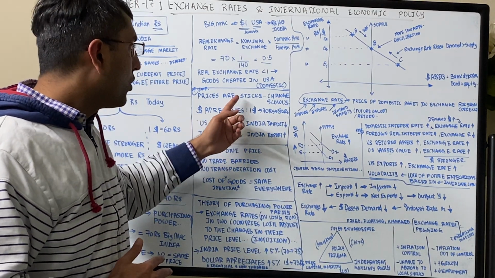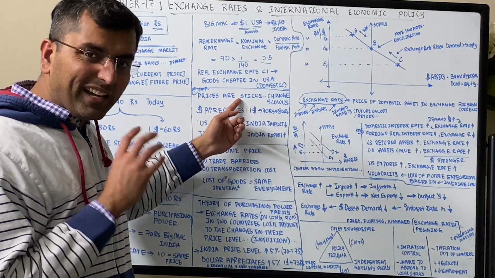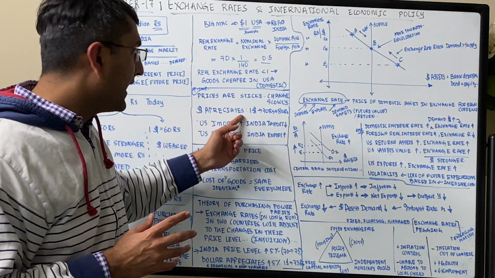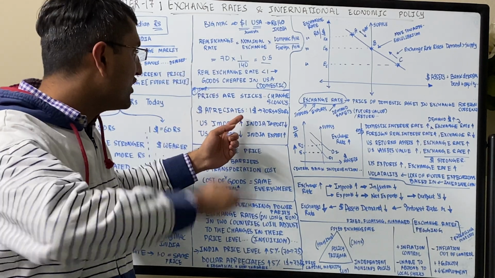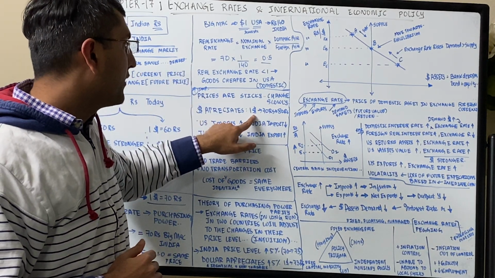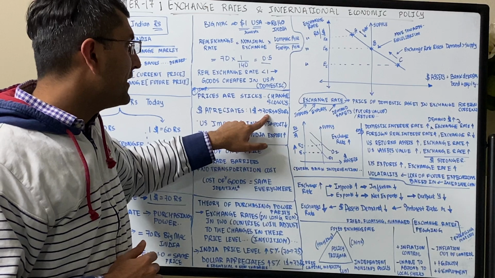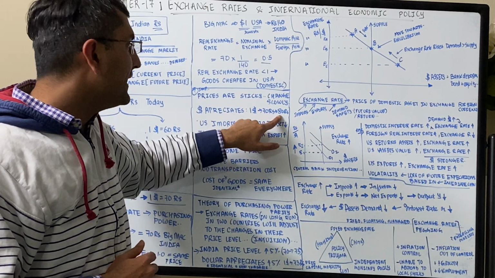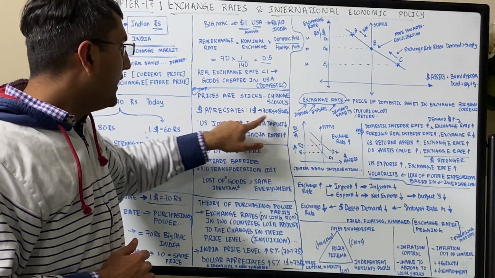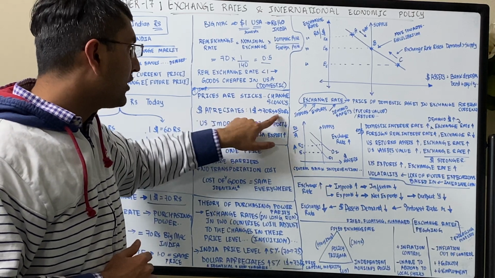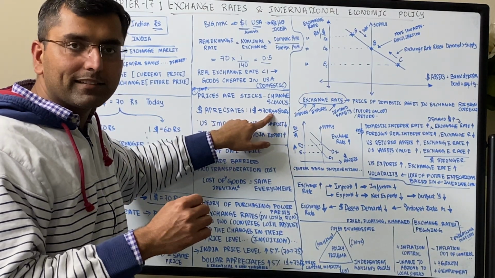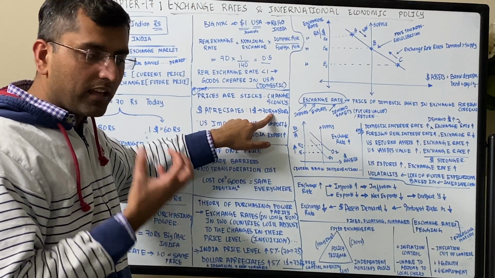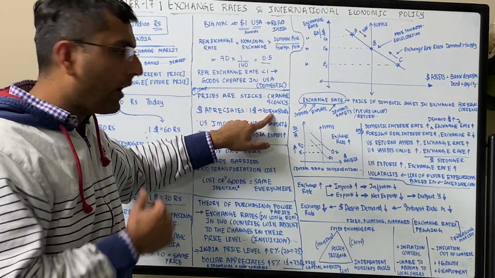And so when prices are sticky and the exchange rate is volatile and keeps changing, so let's say the dollar now instead of fetching 70 rupees fetches 80 rupees, right? If there are changes or volatility or appreciation or depreciation of a currency, it impacts the country's imports and exports. Let's see how, right?